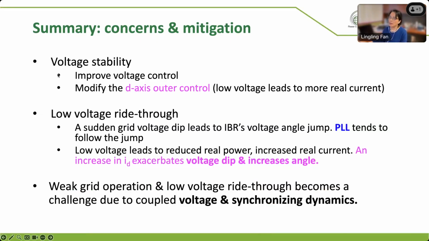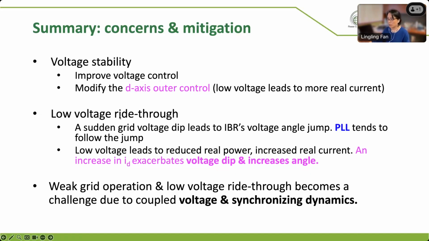On the other hand, the D-axis outer control is really troublesome, right? Using P to generate current, if you have a low voltage, you have a low power, which leads to more real current injection. More real current injection leads to even lower voltage. That's not desired.